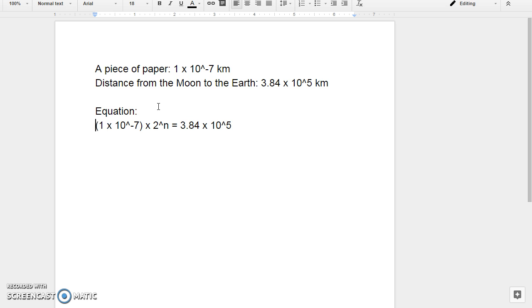And also, let n be the number of folds. Why n is the number of folds? It's the exponent, but not the number itself. Well, because here it is.